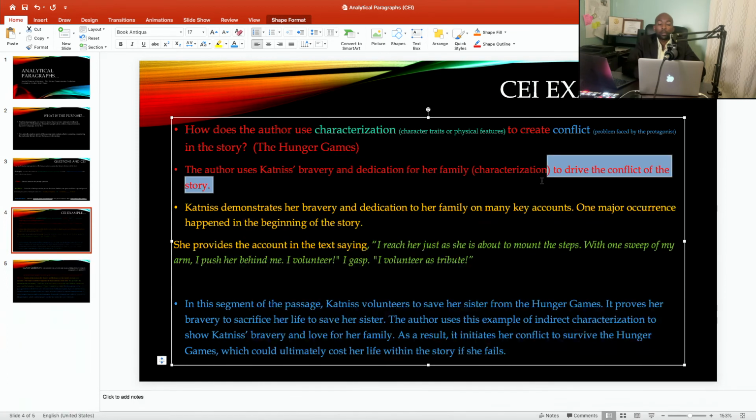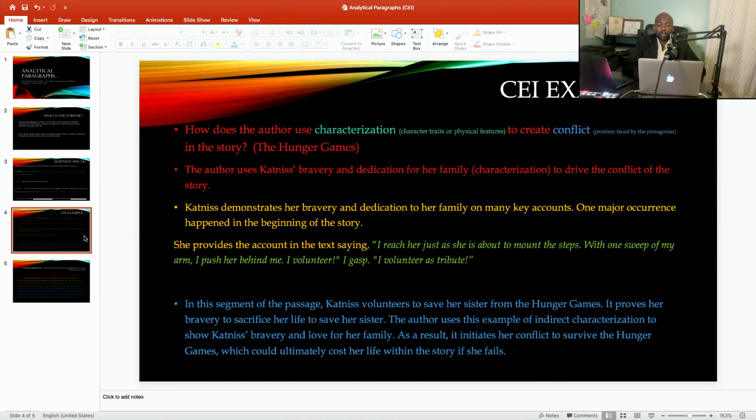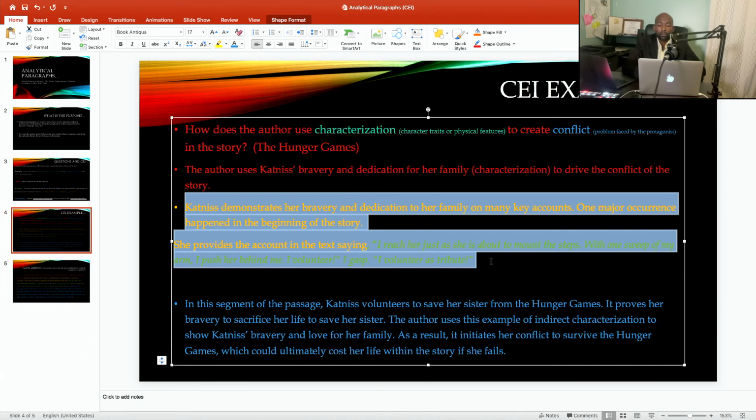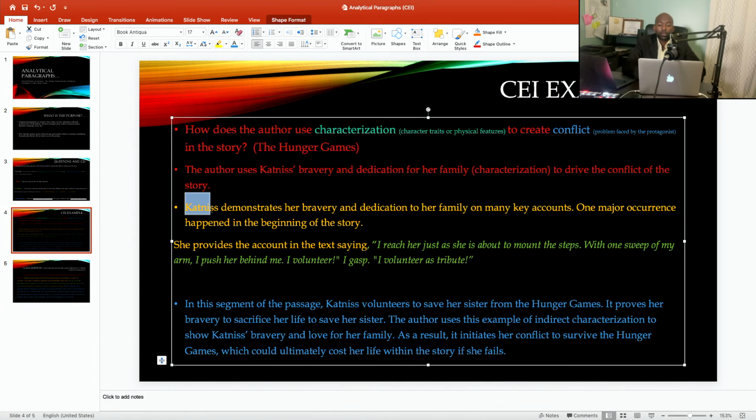Okay. Now, what we have to have next is the E, which is for evidence, right? That's this middle part. So the evidence is here. Okay? Evidence, we start with the embed, which is in orange.